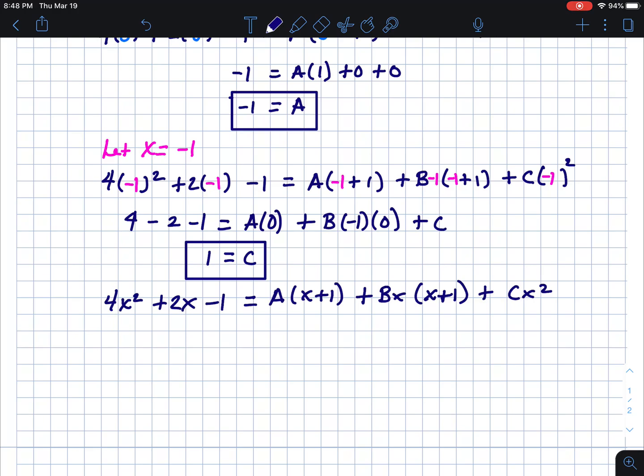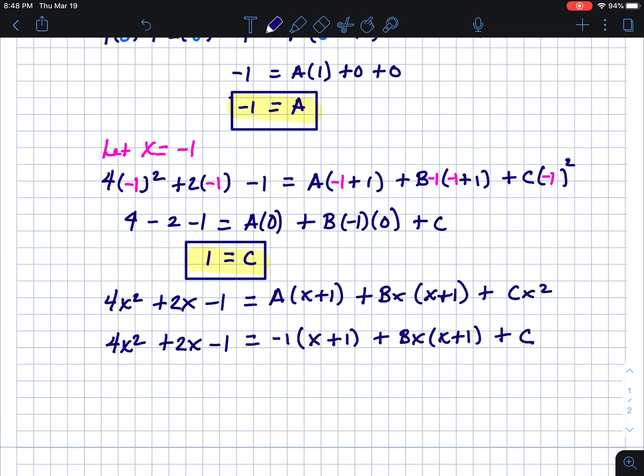I'm going to fill in -1 for a and 1 for c. So we have 4x squared plus 2x minus 1 equals -1 times x plus 1, plus bx times x plus 1, plus c.